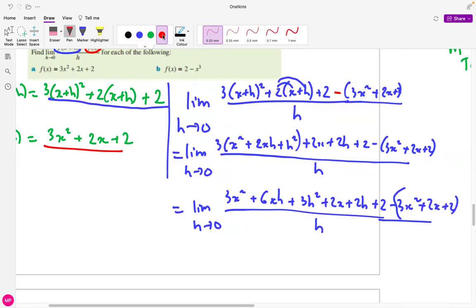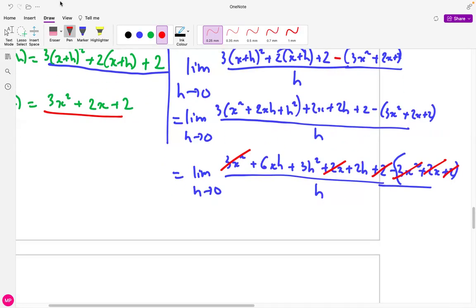All right, now we look for like terms and simplify. 3x squared minus 3x squared goes away. 2x minus 2x also goes away. 2 minus 2 goes away. So what you are left with is 6xh plus 3h squared plus 2h over h, and you still keep the limit outside.